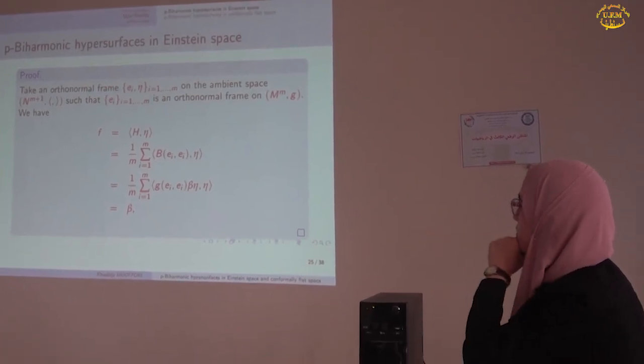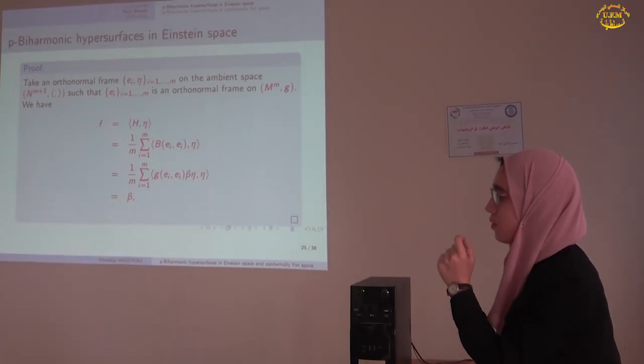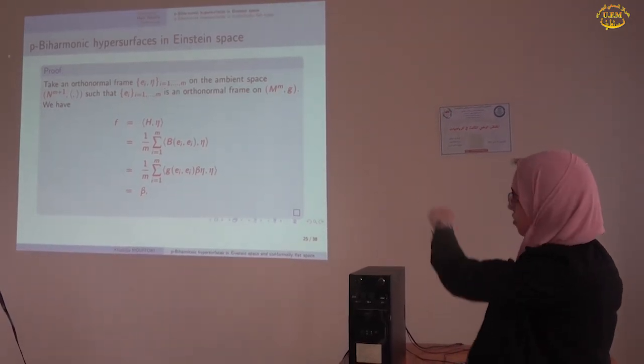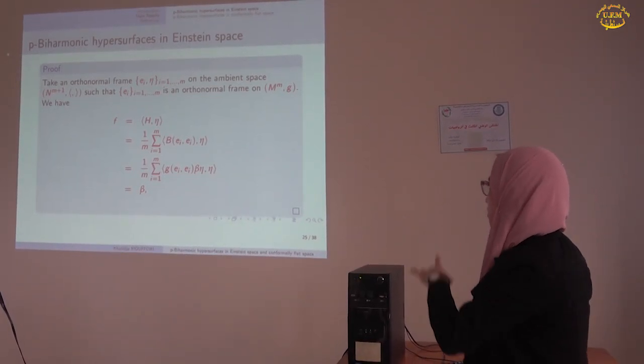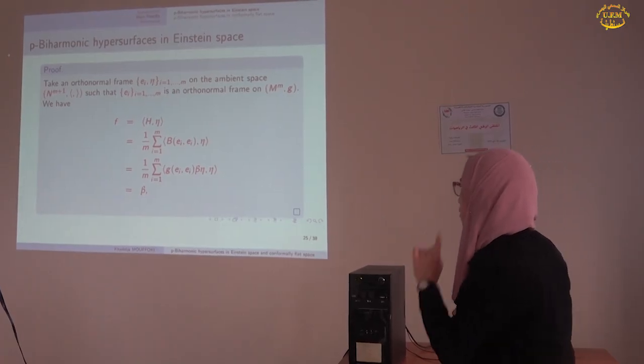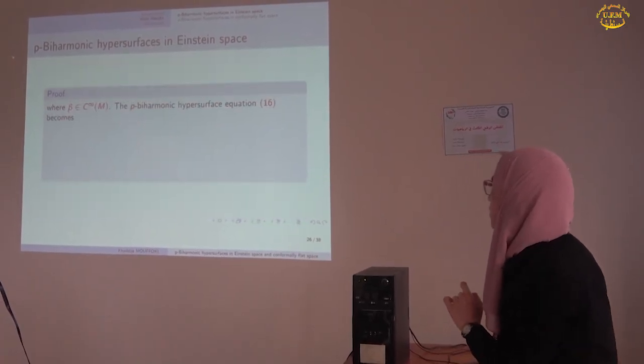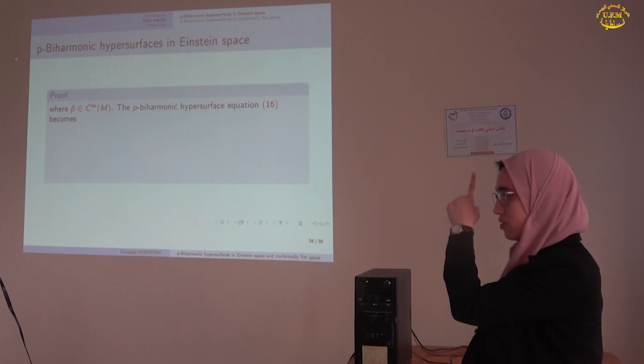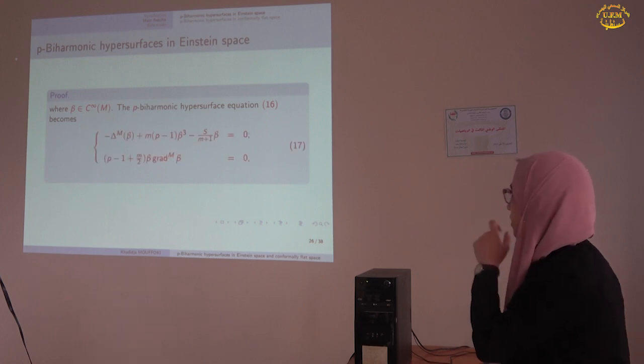Here we use the property of umbilical hypersurface. For the second fundamental form, we find F equals beta, where beta is a smooth function on M. The P-Biharmonic hypersurface equation system becomes like that.